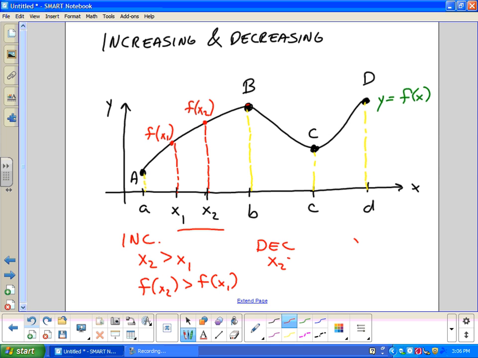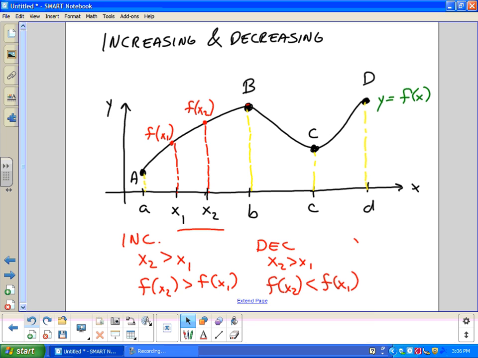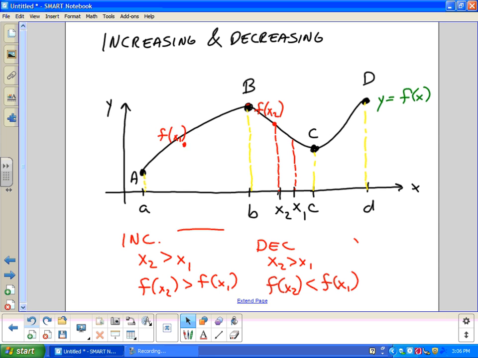You want x2 to be greater than x1, but you want f of x2 to be less than f of x1. And if I was to try to move those points, I think I can. I tried to make them a group. That's close enough. If I move these points here, you'll see that I can, well, I guess I have to move everything separately. I can put the decreasing case right over here.